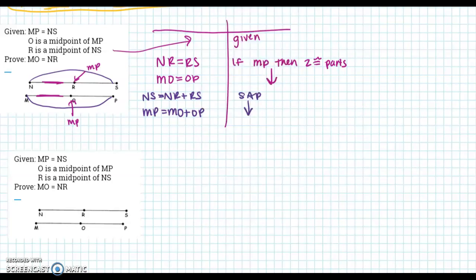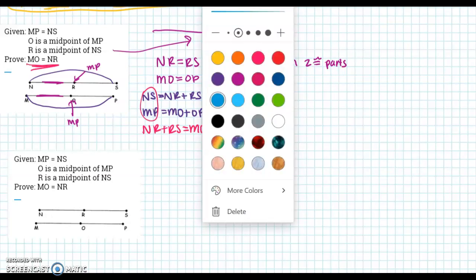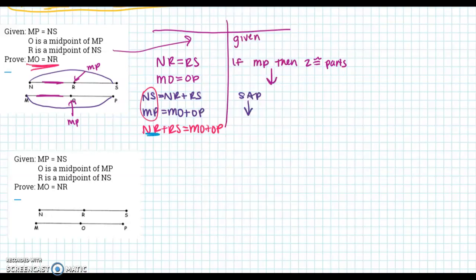And then, now I would have to do a bunch of substituting. So I want to prove that MO equals NR. So I can first substitute, well, I know these two are the same. So I can say NR plus RS equals MO plus OP. And I want to focus on the NR and the MO.